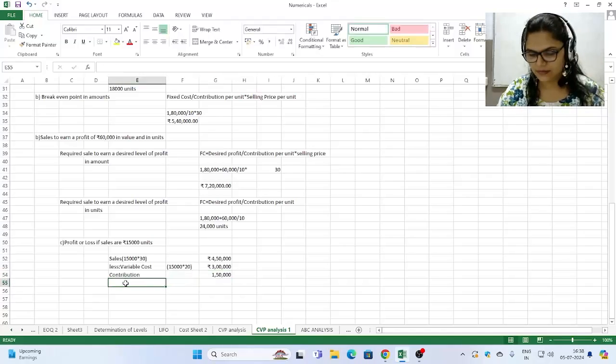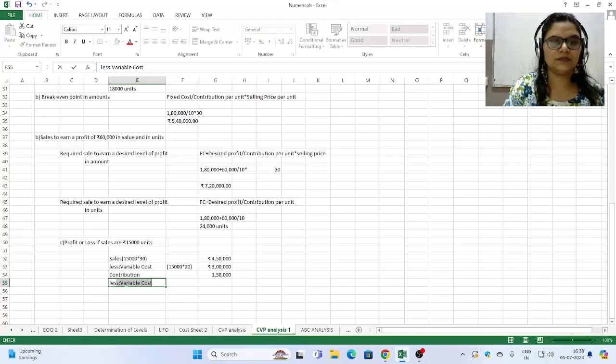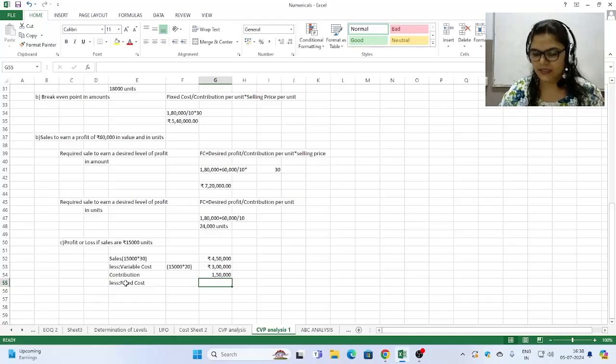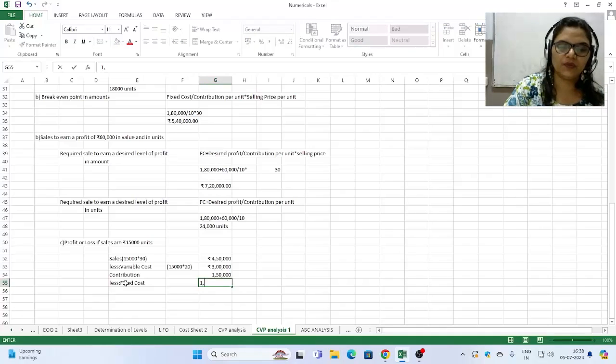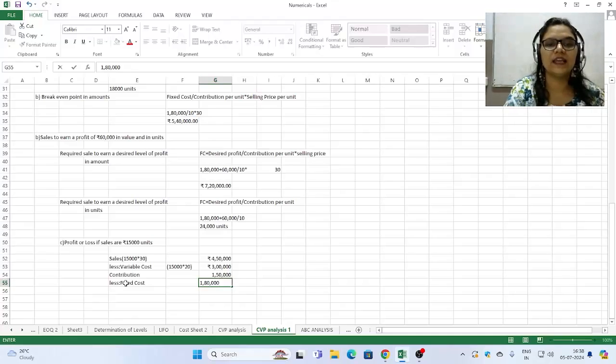Next, less fixed cost. Fixed cost is 1,80,000 as given. It will remain the same irrespective of the number of units.